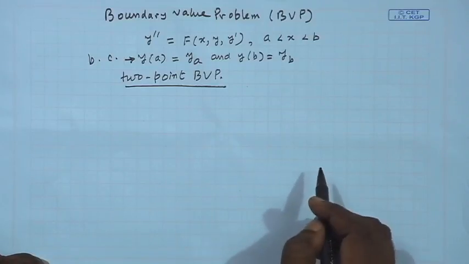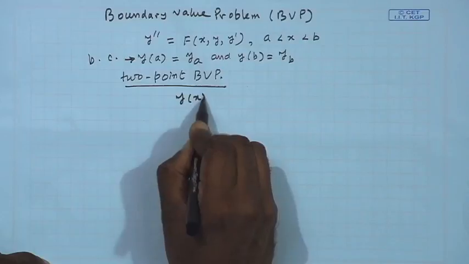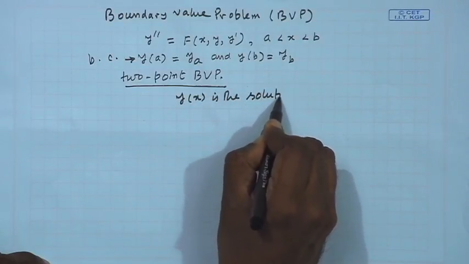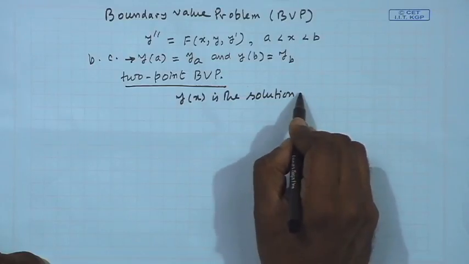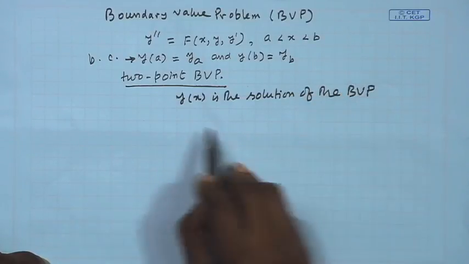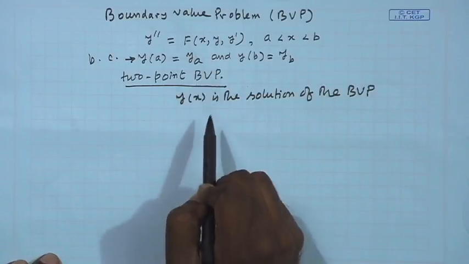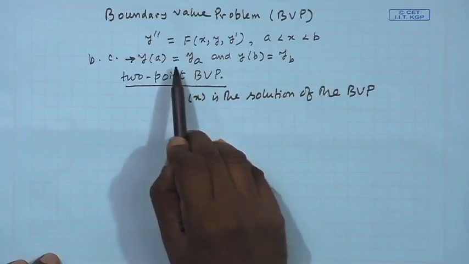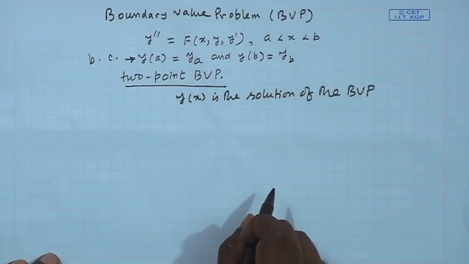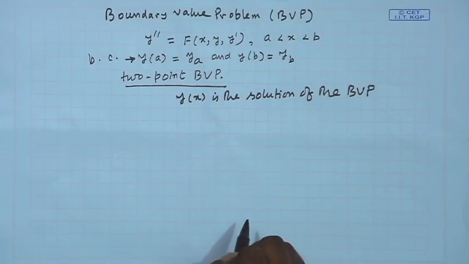So, y(x) is a solution of the BVP. What does it mean? If y(x) is the solution, it satisfies the given differential equation as well as the boundary conditions. This is the requirement for y(x) to be a solution of the given boundary value problem.